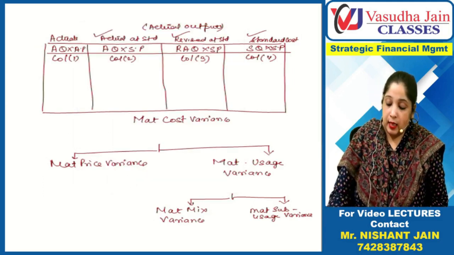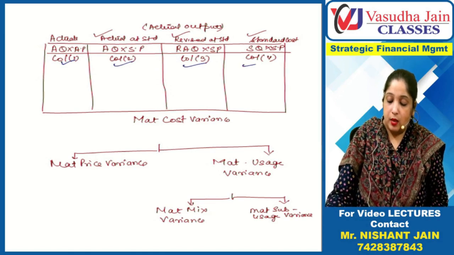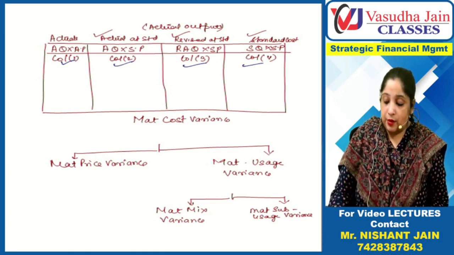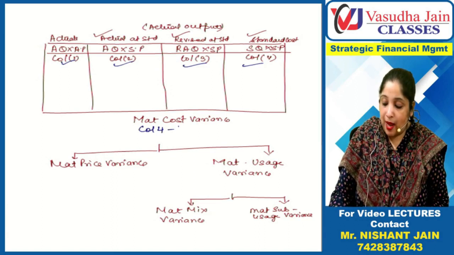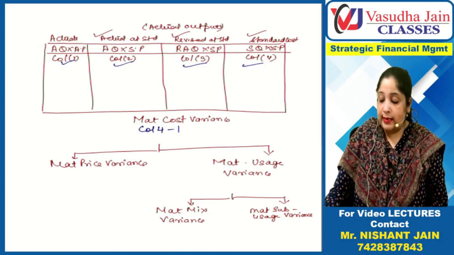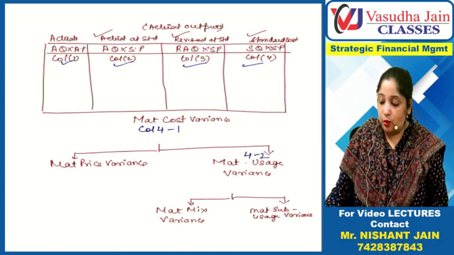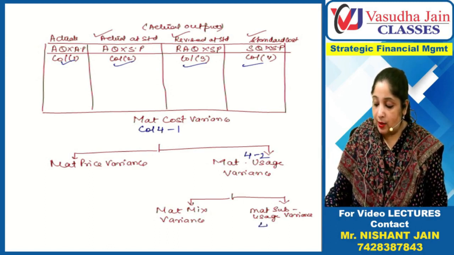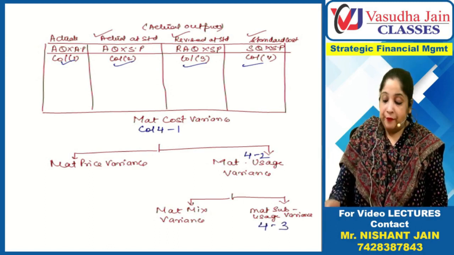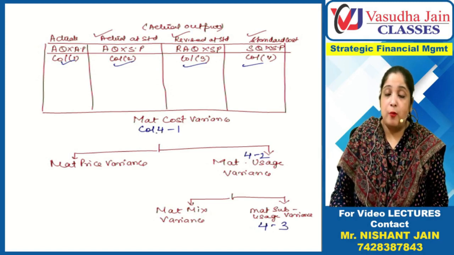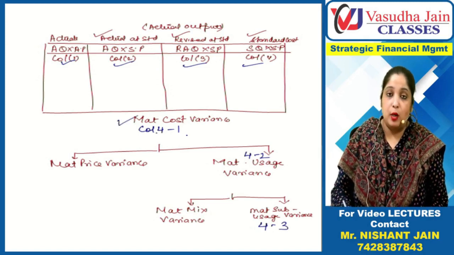The trick is there are 4 columns, right? So see the trick. Column 4 minus 1, 4 minus 2, and 4 minus 3. If you subtract column number 1 from column number 4, you will get the answer of material cost variance.